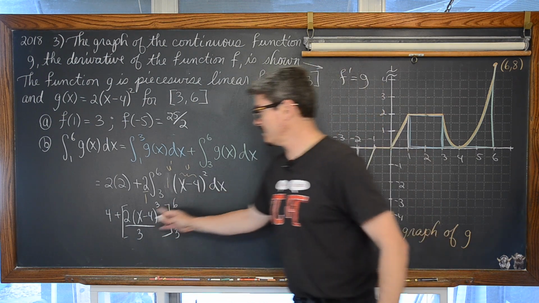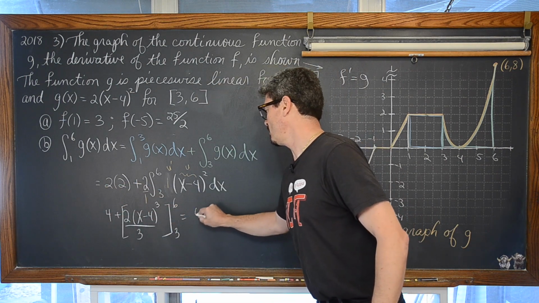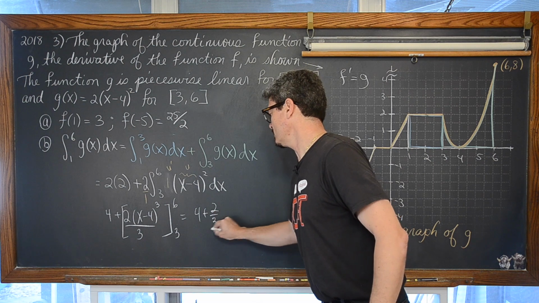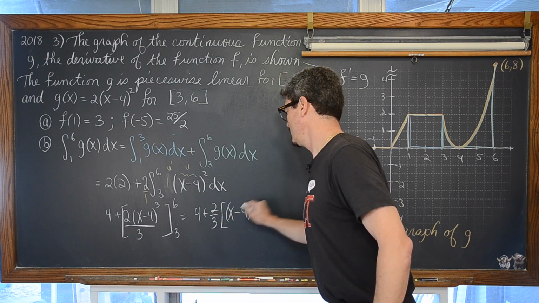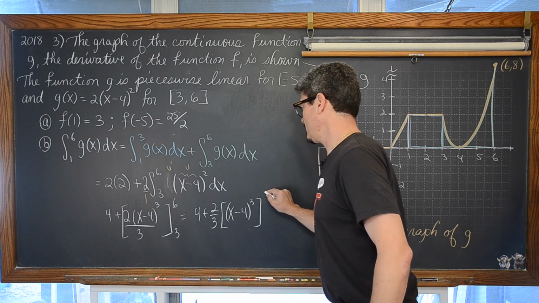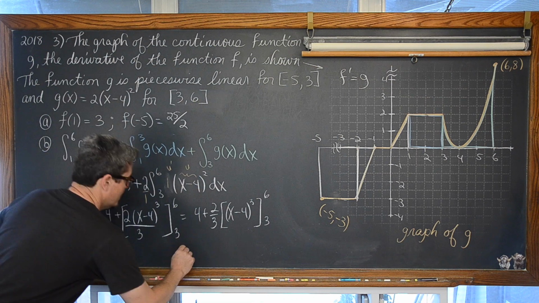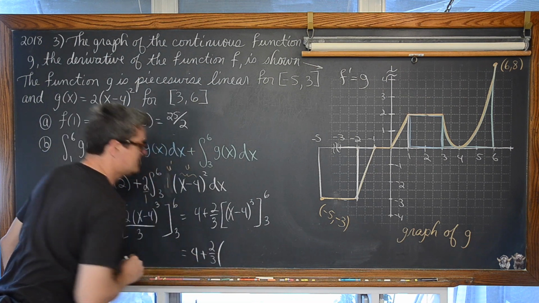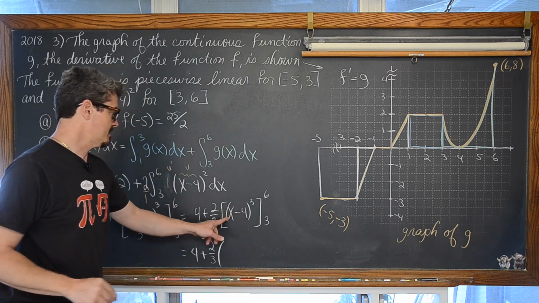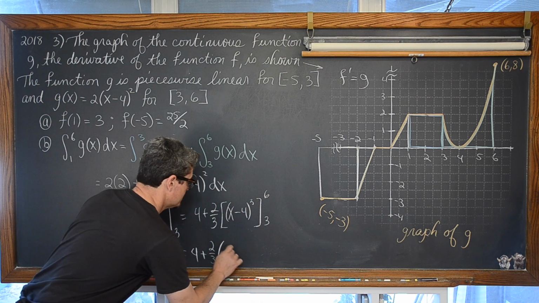So I'm going to let that 2/3 move out and say that we have 4 plus 2/3 times (x - 4) cubed with that upper limit of 6 and 3 that we're about to plug in. So now we have 4 plus 2/3 times 6 - 4, which is equal to 2, and 2 cubed is 8.